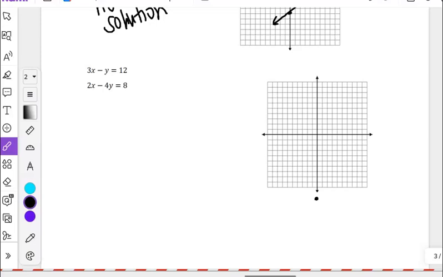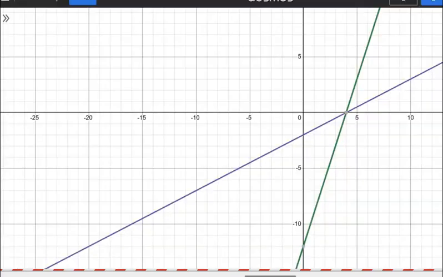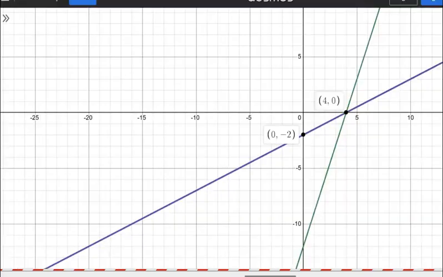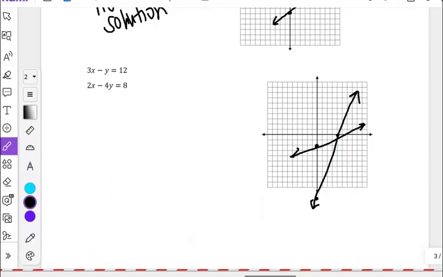So 12 would be there, and then 4 is there. Again, it's just a sketch, so it doesn't have to be perfect. And then the blue line is negative 2 and 4. Again, it does not have to be perfect. As you can see, this is where the two lines cross, so the solution would be (4, 0).